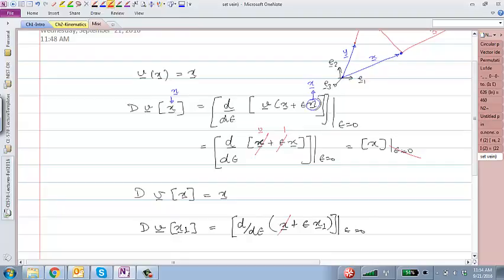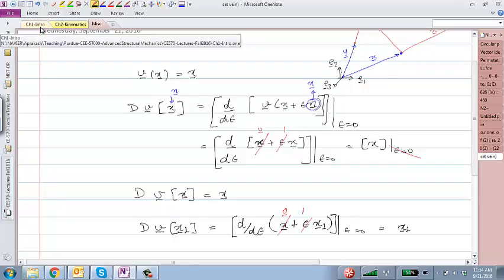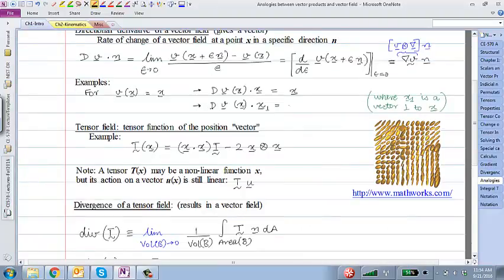Again, the first one does not depend upon epsilon, the second one does, and what we get is x perpendicular.